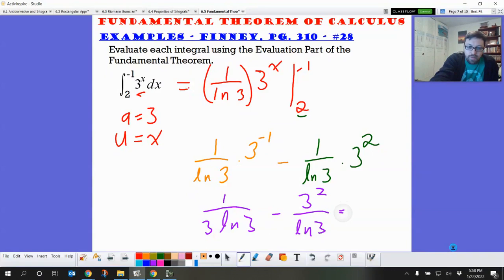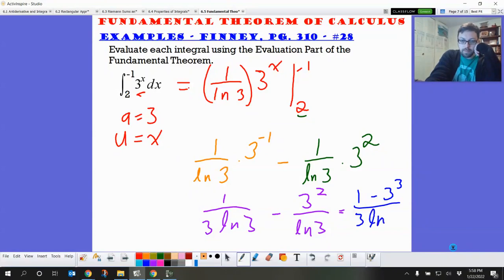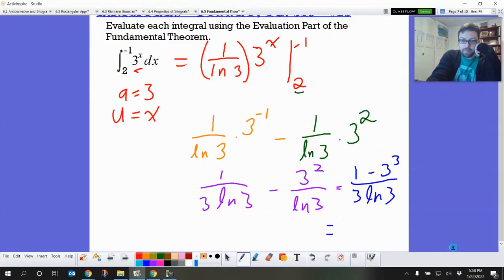At this point, I really should stop, but once I start simplifying, I just can't. So that is 1 minus 3 cubed over 3 ln of 3, and 3 cubed is 27.